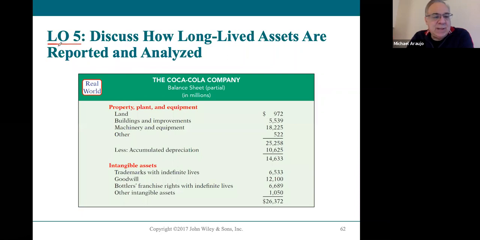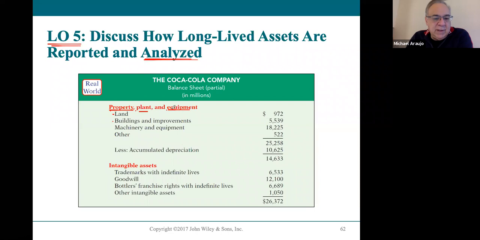The very last piece here, really quickly, is we're going to be looking at two ways that they analyze assets. First, your book shows you how they are listed. The most important thing is that property, plant, and equipment does have an order. The word property means land, so land accounts are always going to be first. Plant is about buildings, factories, things like that, so that's always going to be listed second.